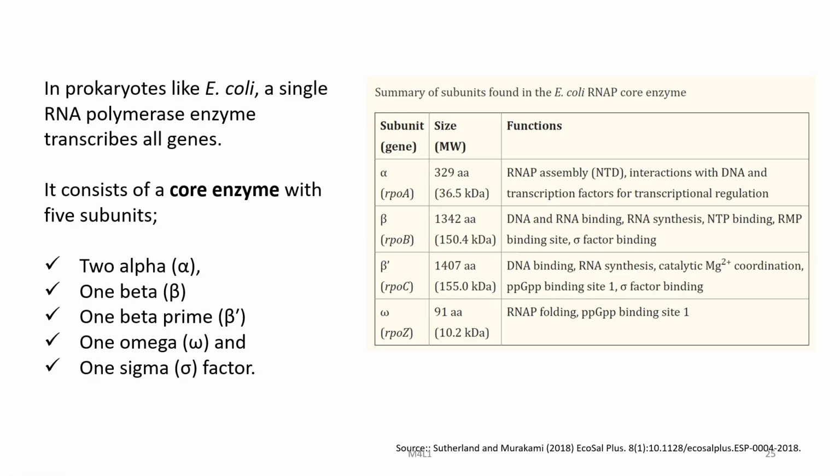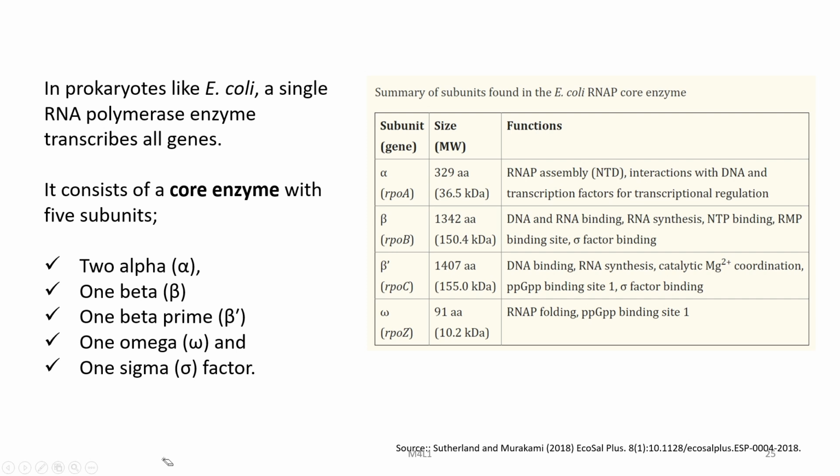In prokaryotes like E. coli, a single RNA polymerase enzyme will transcribe all the genes. It consists of a core enzyme with 5 subunits like alpha, which has 2 units, then beta, and then there is beta prime, and omega and sigma factor, all in single copies.